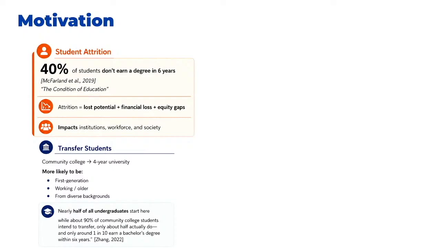This is known to be associated with something called a transfer shock. This means that after they transfer to a 4-year university, they face some credit loss because of the articulation or some lost mapping with the credit that they earned at the previous college, and now they can't map it to something available at our school.